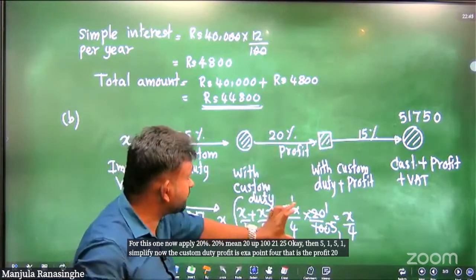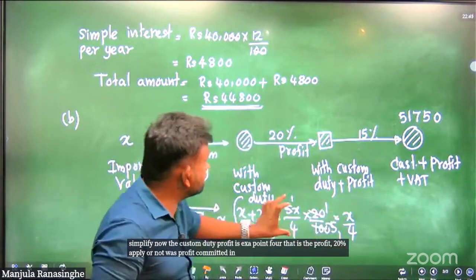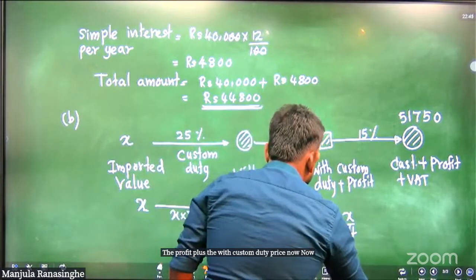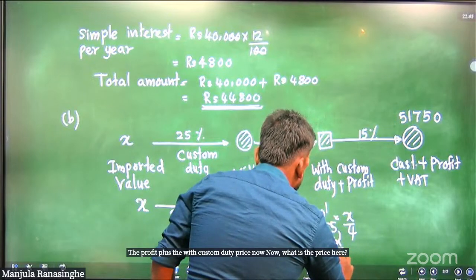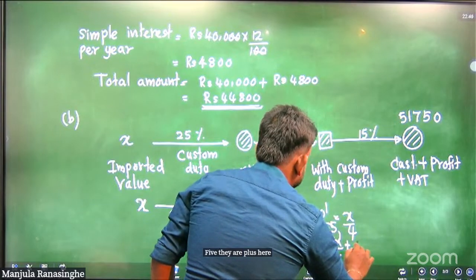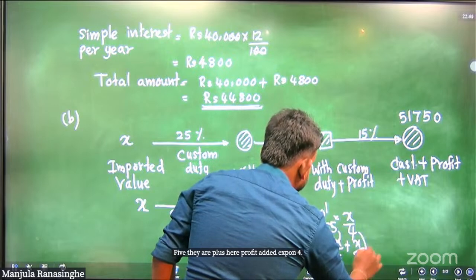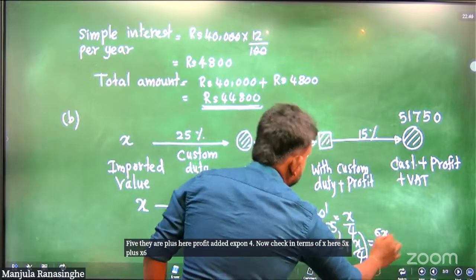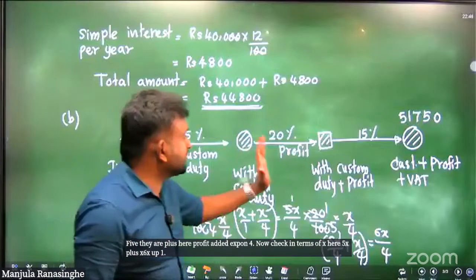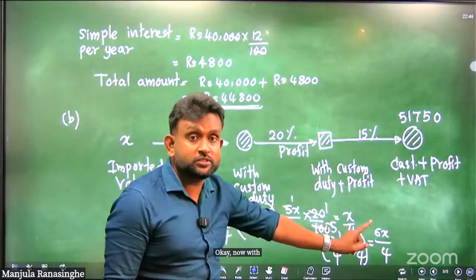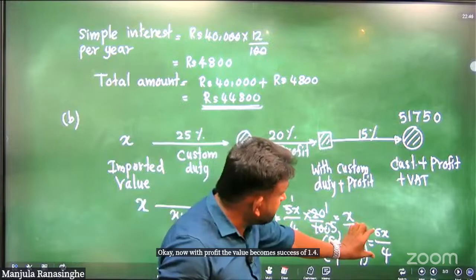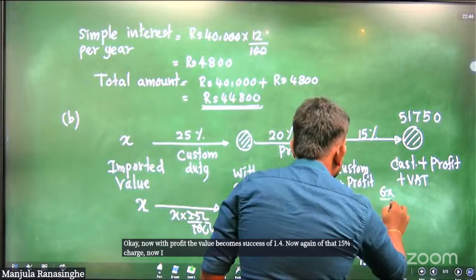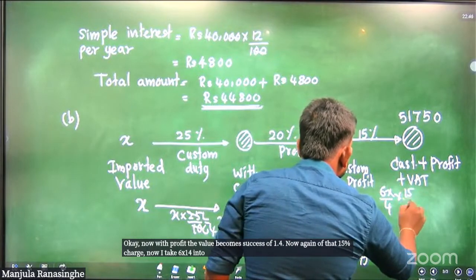Now what is the price here? 5x upon 4 plus the profit x upon 4. Now in terms of x, 5x plus x, 6x upon 4. Now with profit, the value becomes 6x upon 4. Now again of that 15% charge: I take 6x upon 4 into 15 upon 100. How much?